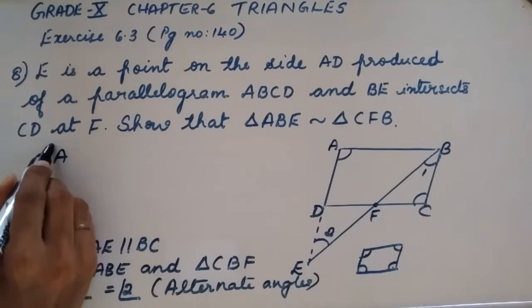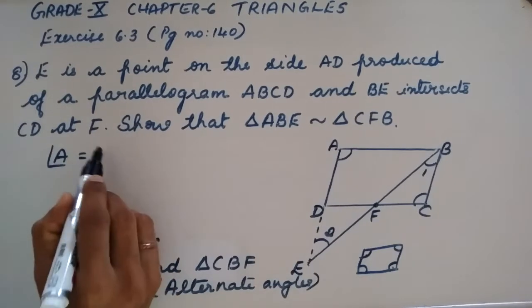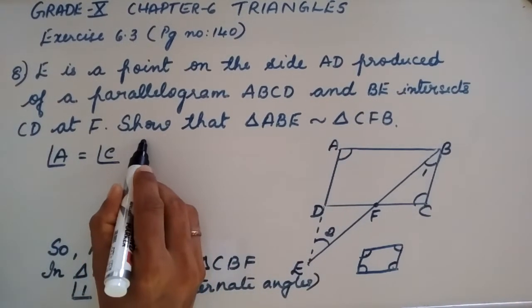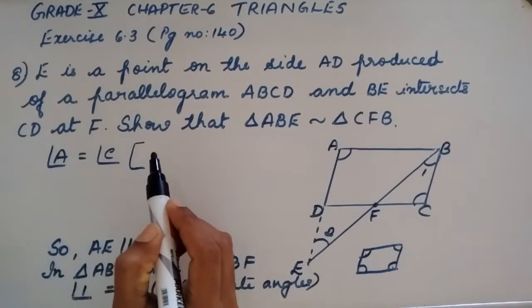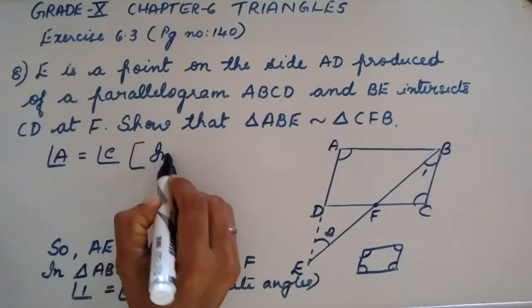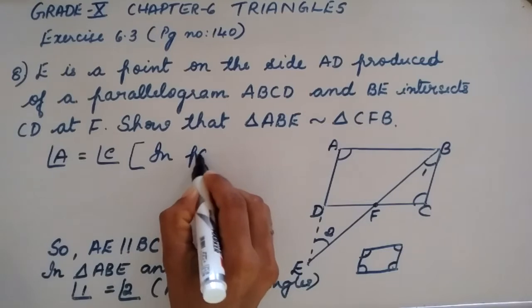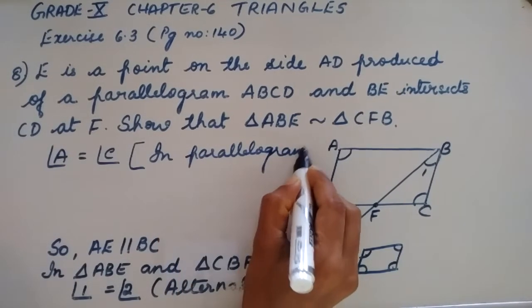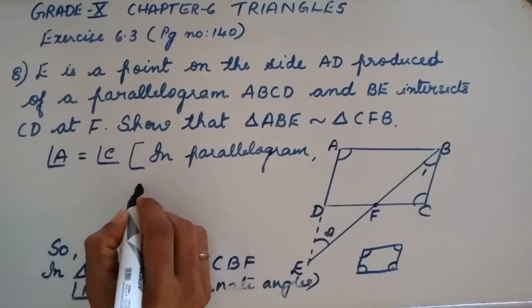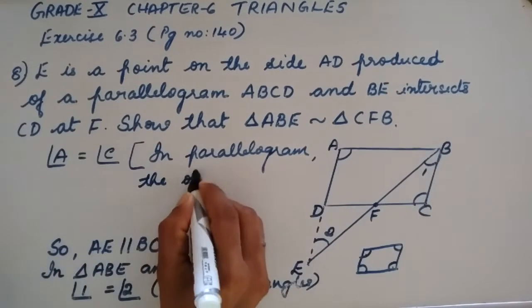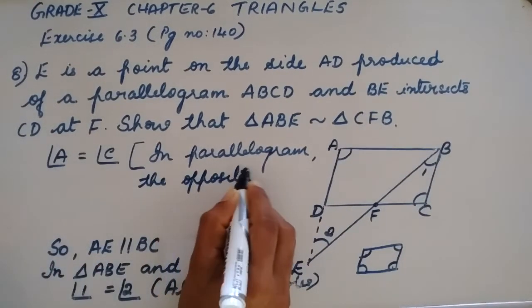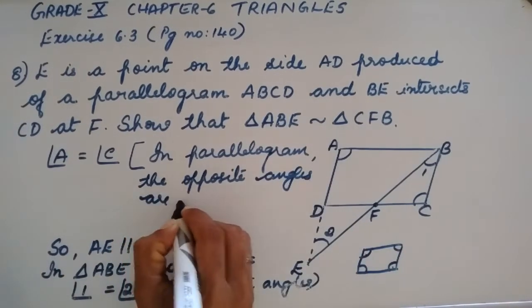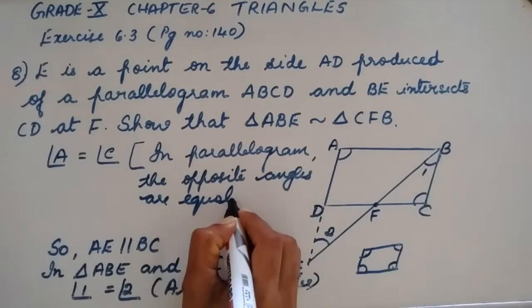Then we have angle A is equal to angle C. And what is the reason? In a parallelogram, the opposite angles are equal.